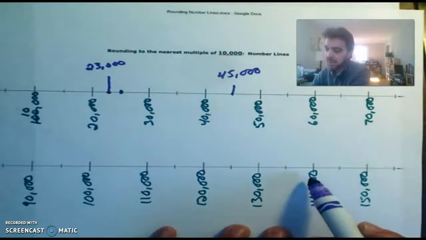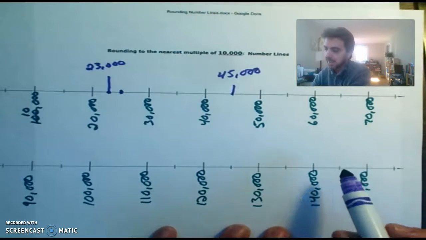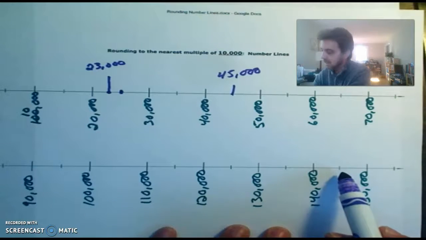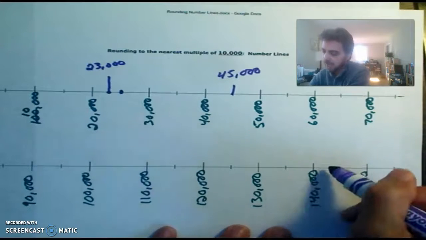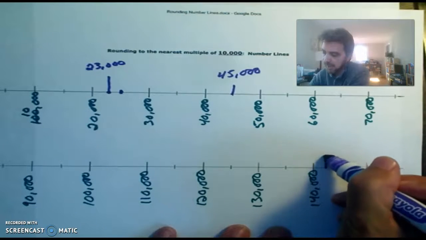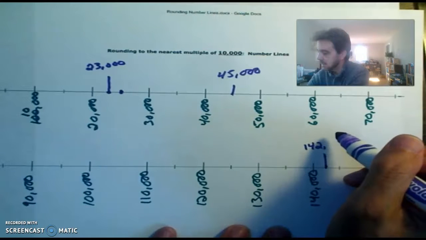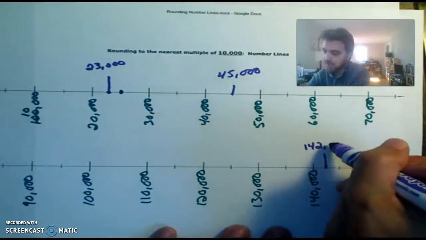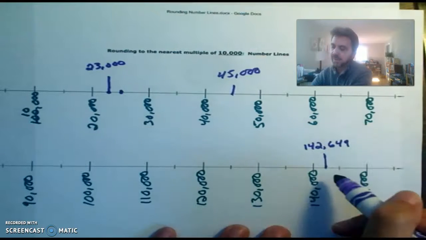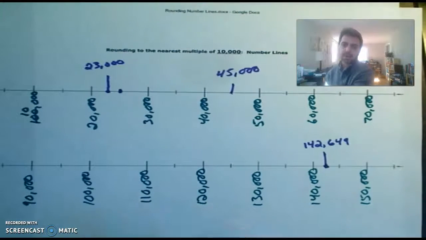So I see 140,000 here. If this is 145,000, then I'm thinking 142 is maybe like before it, right? So probably like here, like 142,000. What's the rest of it? 649. Something that goes right about there.